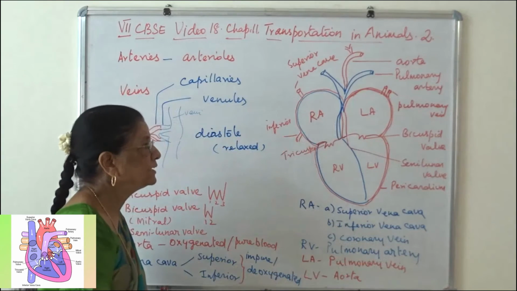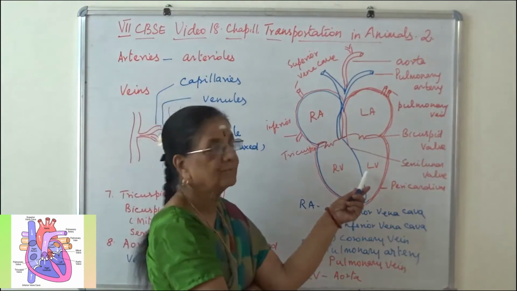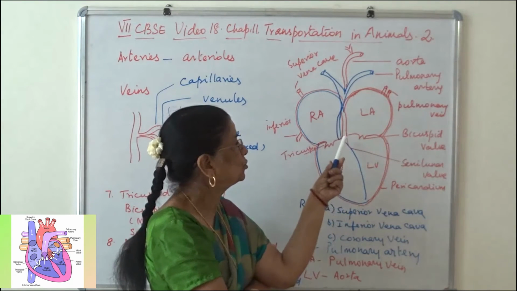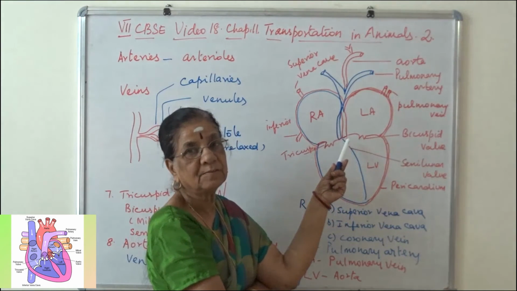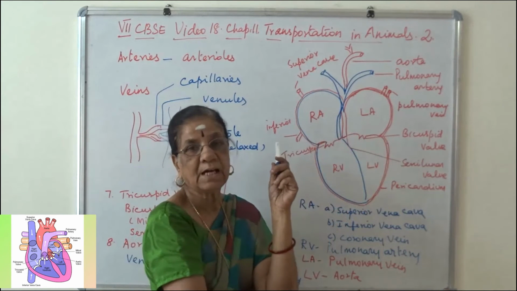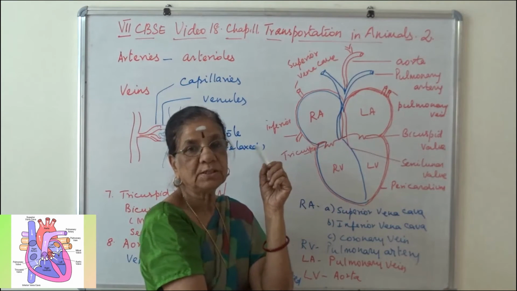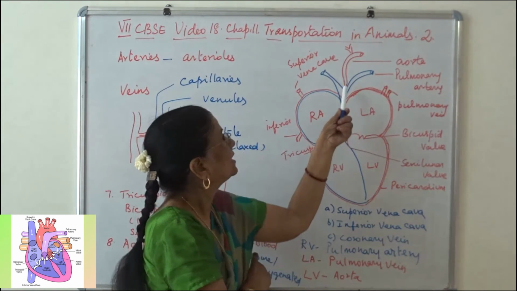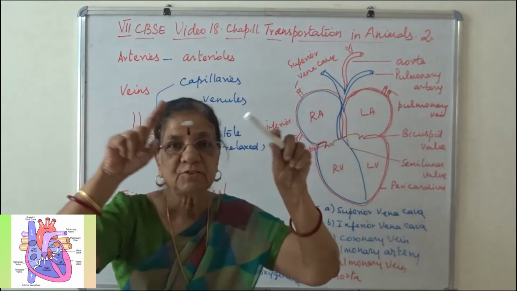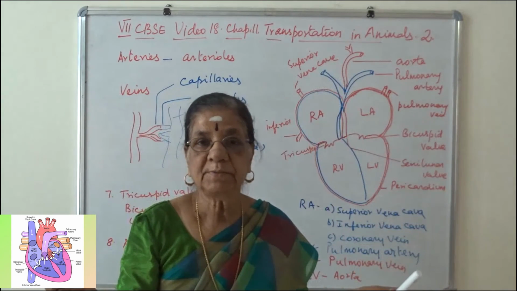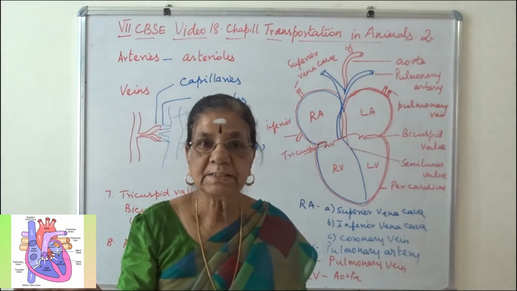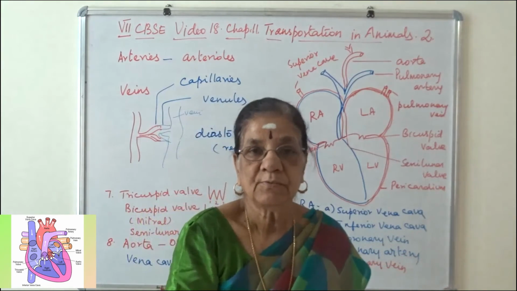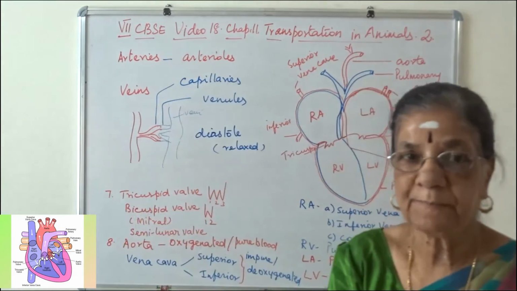Now when the left ventricle contracts, through the semilunar valve, it goes into the aorta, and from the aorta, it is branching into different arteries and distributing pure blood or oxygenated blood to various parts of the body.